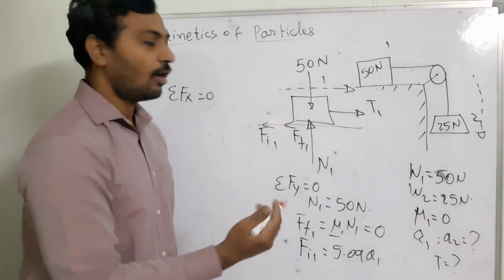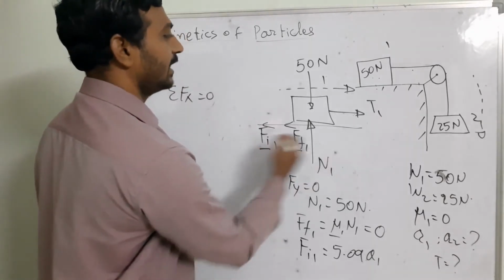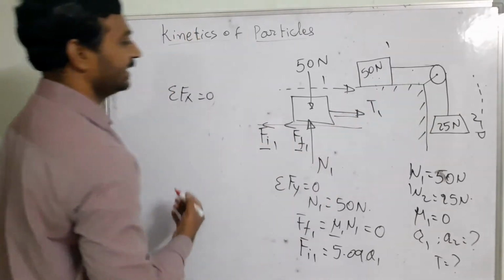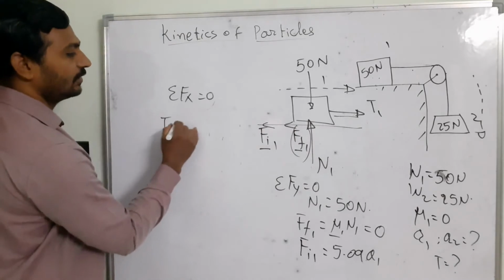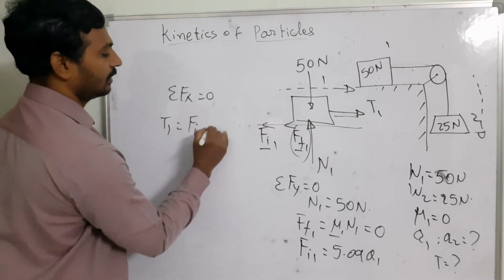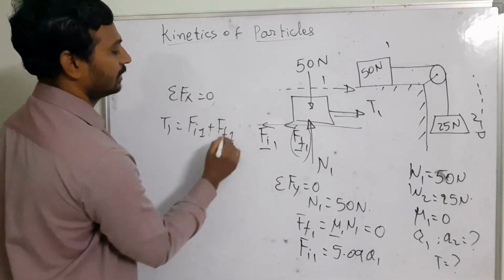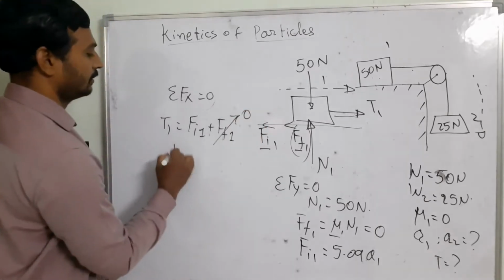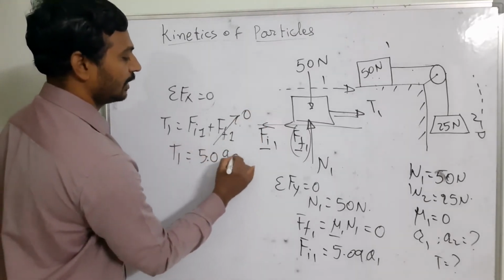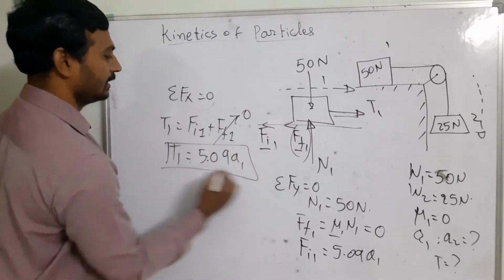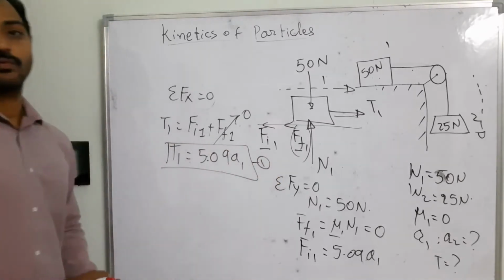We need to find how many forces. 1, 2 are in this direction. This force is acting in this direction, but this force automatically is going to be 0. That's T1 is equal to Fi1 plus frictional force 1. This force is going to be 0. T1 is equal to 5.09 A1, I got it. Then I can say this is equation 1.